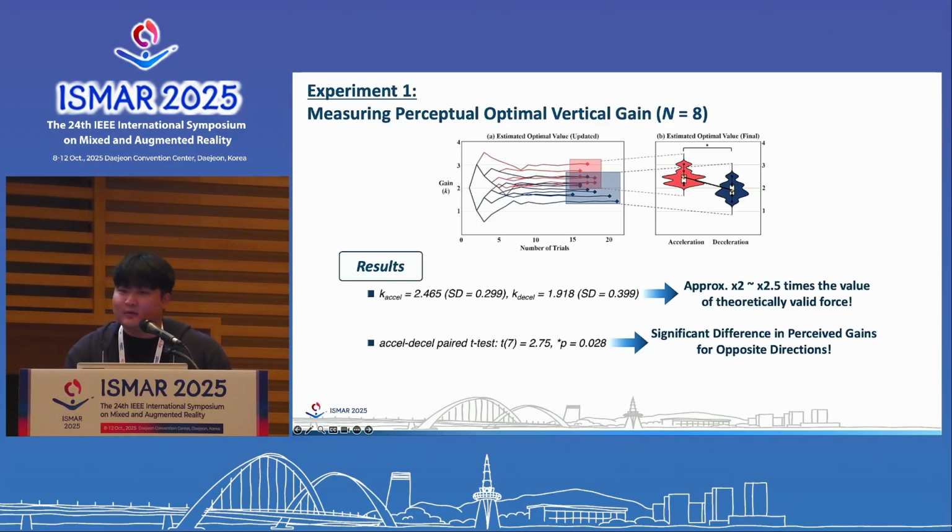So I think those kinds of references could explain why acceleration needs more gains to match the visual sensation with the actual physical sensation of the vehicle.